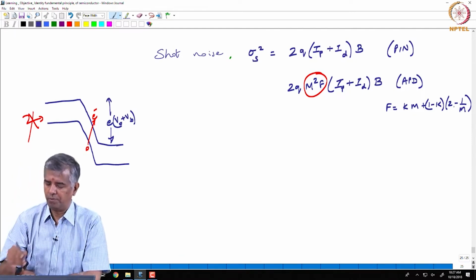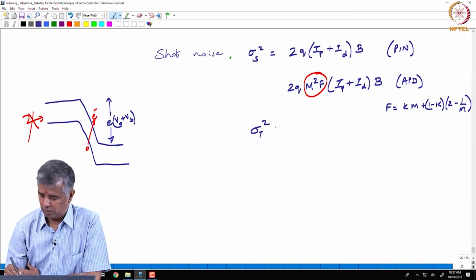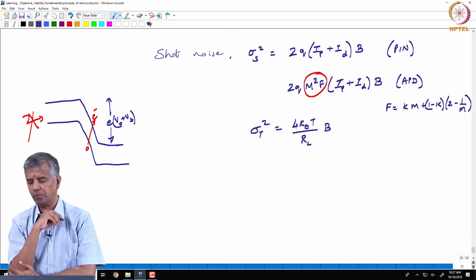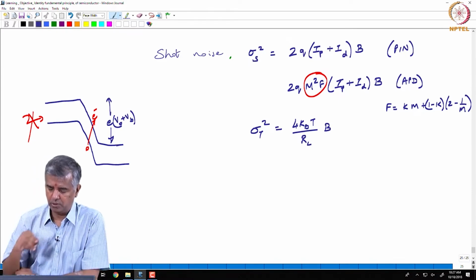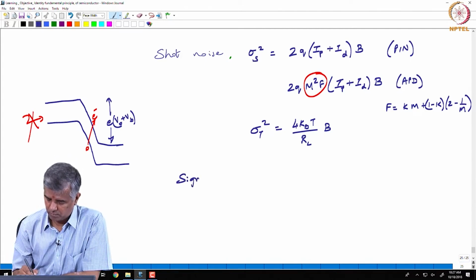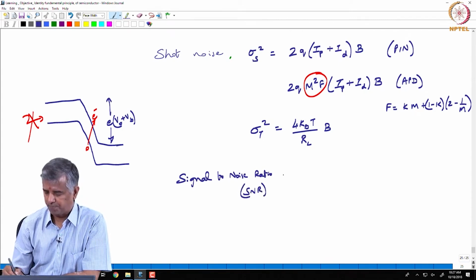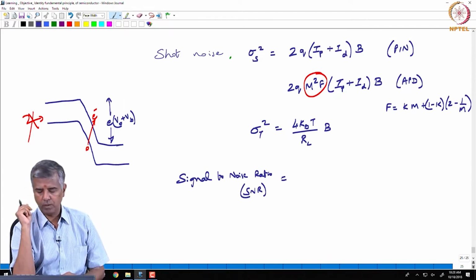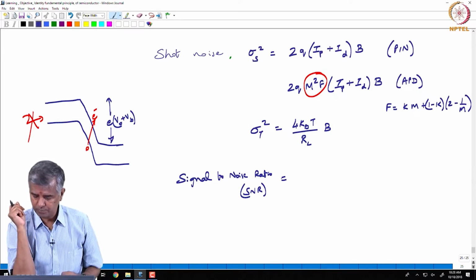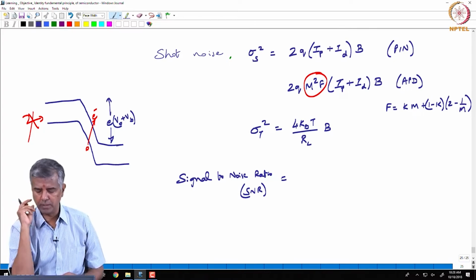So, we have shot noise and we have thermal noise now, which is 4 k_B T over R_L multiplied by B. So, when you look at the overall signal to noise ratio, signal to noise ratio is defined as your signal power over the noise power.